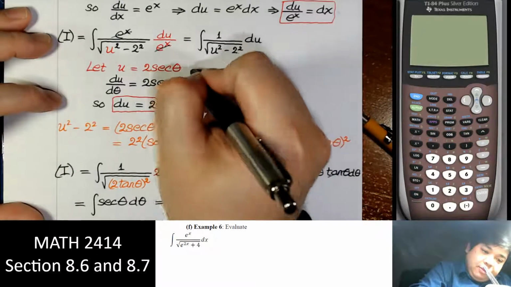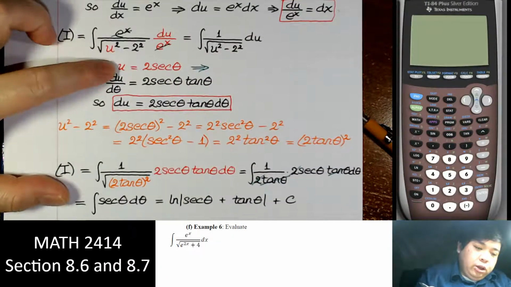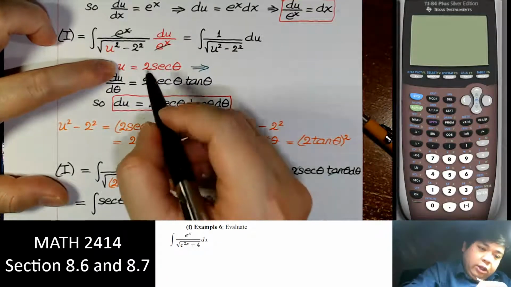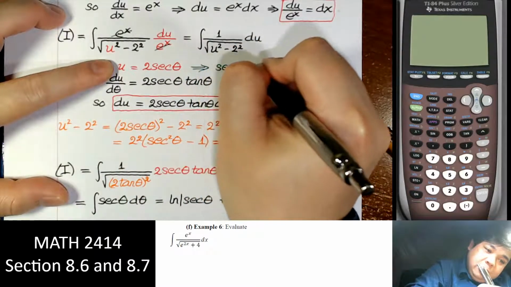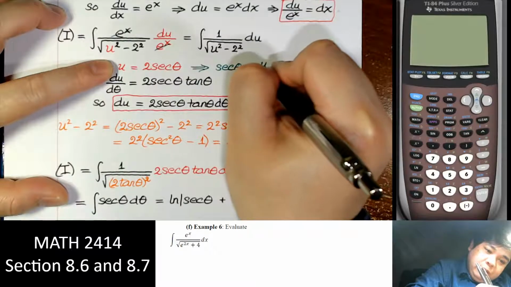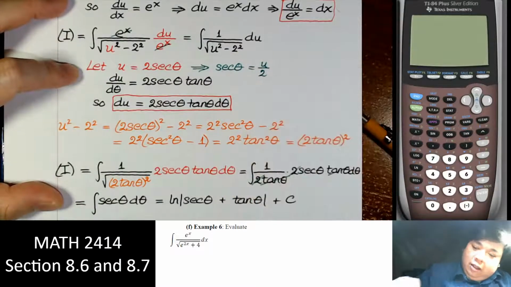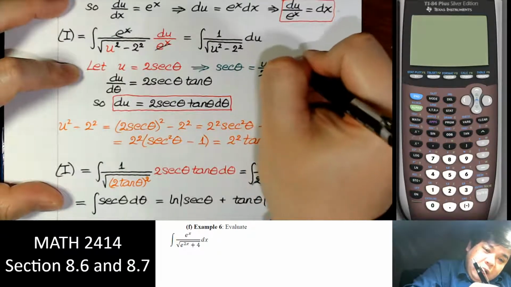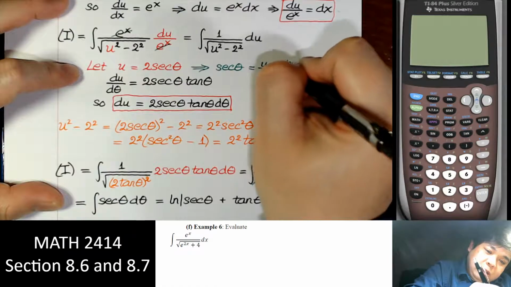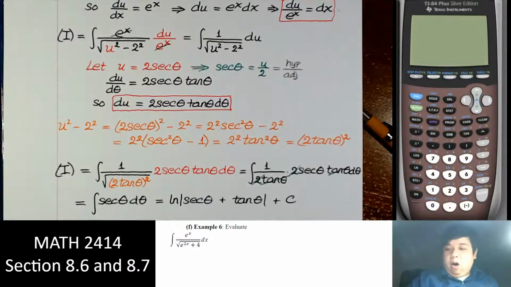From here, u equal to 2 secant, so secant is u divided by 2. Secant is 1 over cosine, so hypotenuse over adjacent, instead of adjacent over hypotenuse.